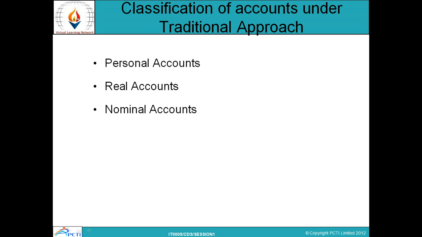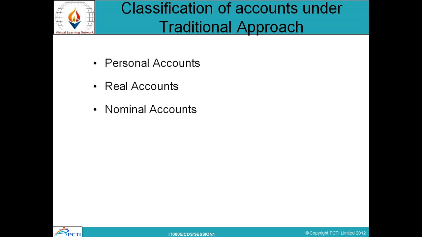So real, personal, nominal are the very important accounts. Personal account talks about all personal accounts, banks account and other things. We talk about the real account. It represents various real, like tangible and intangible accounts like building account, furniture account, stock account, cash account, etc. Goodwill and patent.